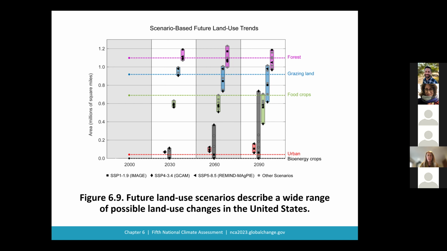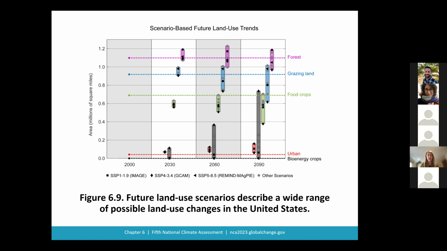There are multiple different driving factors in these scenarios, including changes in population and technology and governance. And here, this figure 6.9 shows what future land use trends in the USA would look like based on a range of different future scenarios.